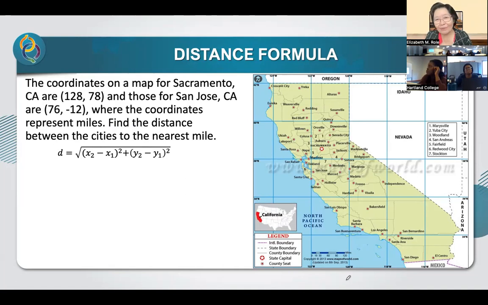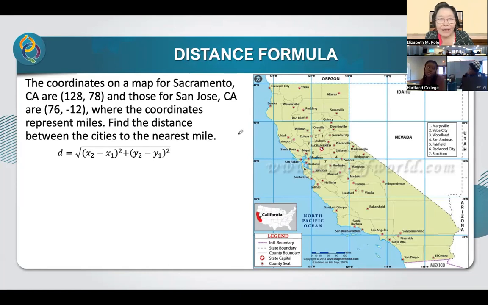In a situation where I looked at the map of Northern California, our book has given us some coordinates for the locations of Sacramento and San Jose. You would see that this one is Sacramento and this is San Jose.